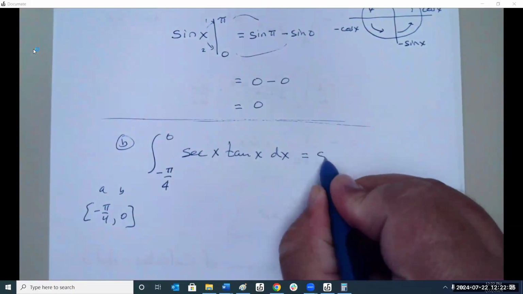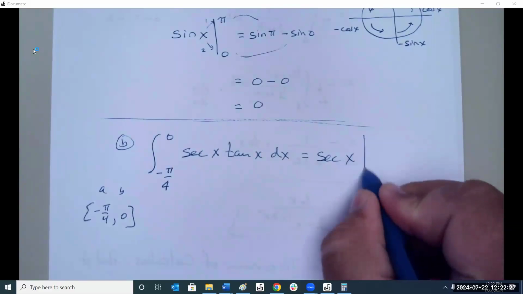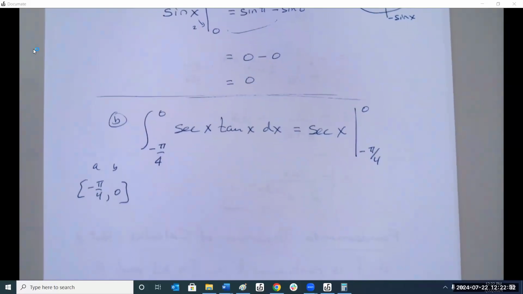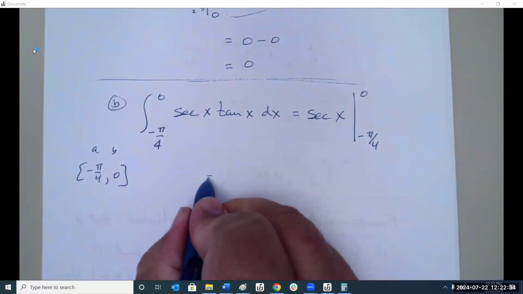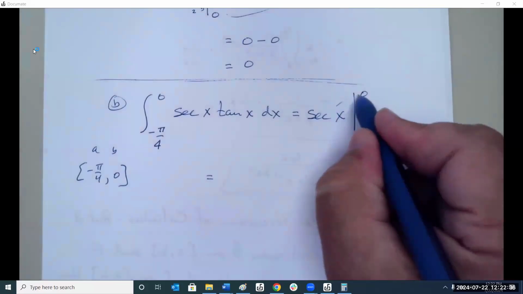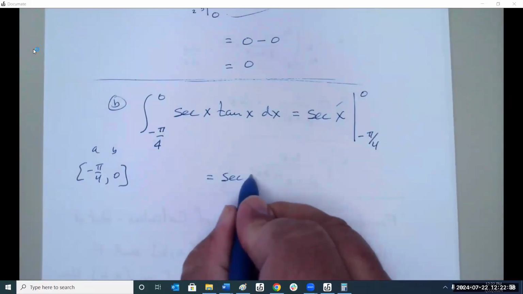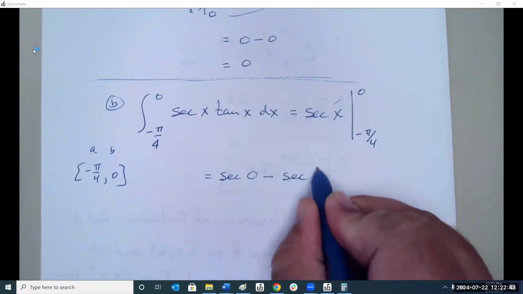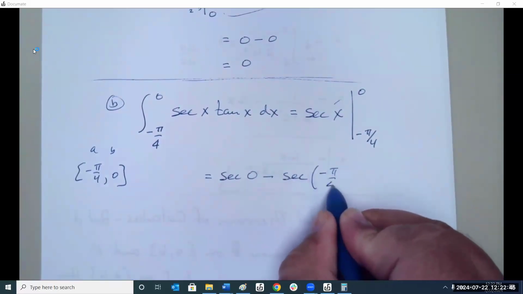So this is secant x from negative pi over 4 to 0. Now we go to the top first. So it's secant of 0 minus the secant of negative pi over 4.